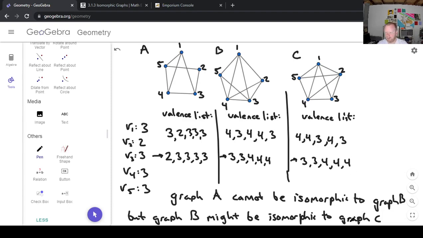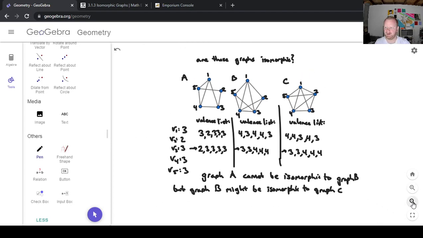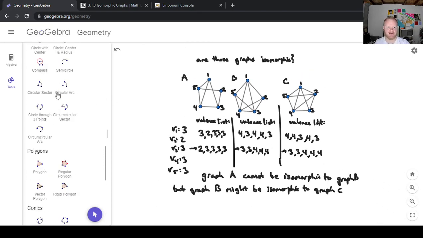So when we say might, that's a big might there, right? So we want to see if we can turn that might into a definitely.